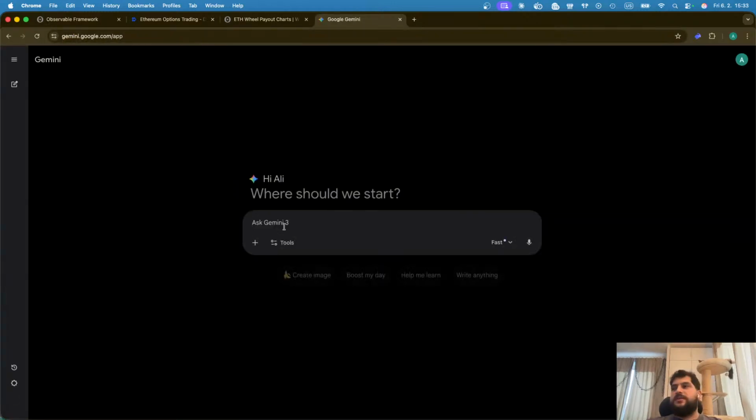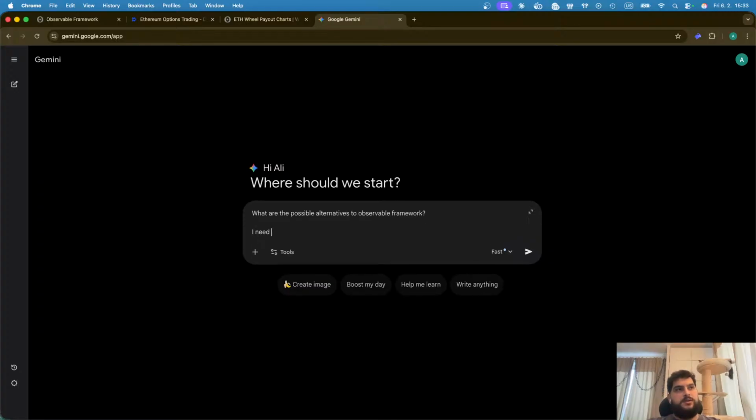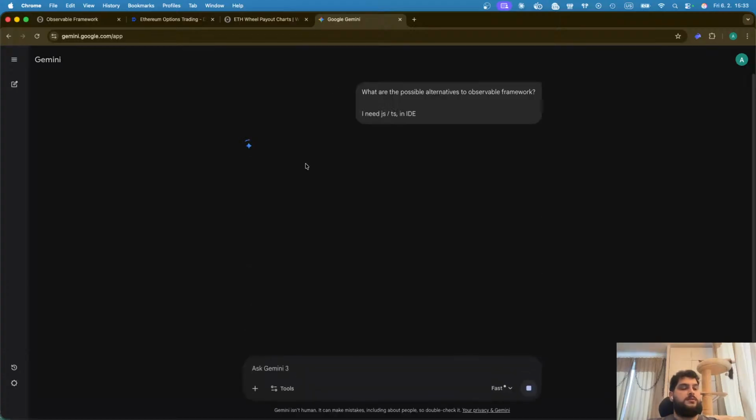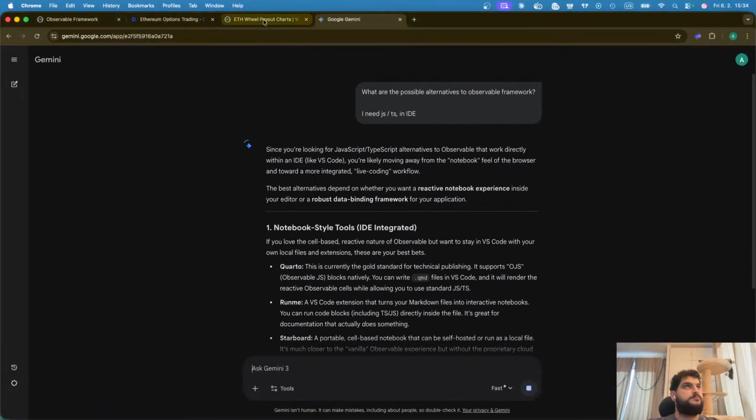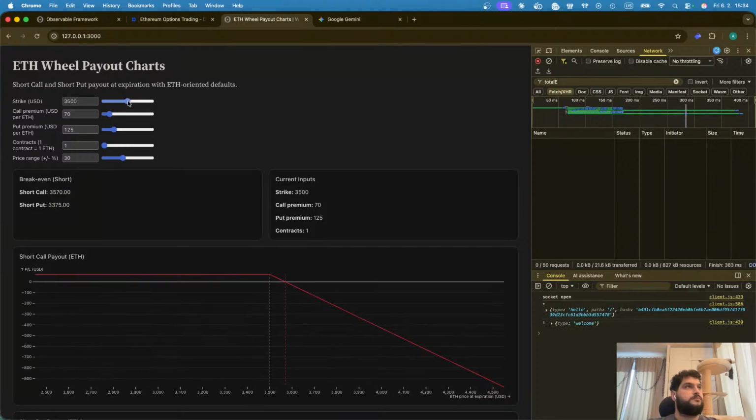Let's try something new, maybe. I don't know. What are the possible alternatives to Observable Framework? I need just this in the IDE. Oh, okay.